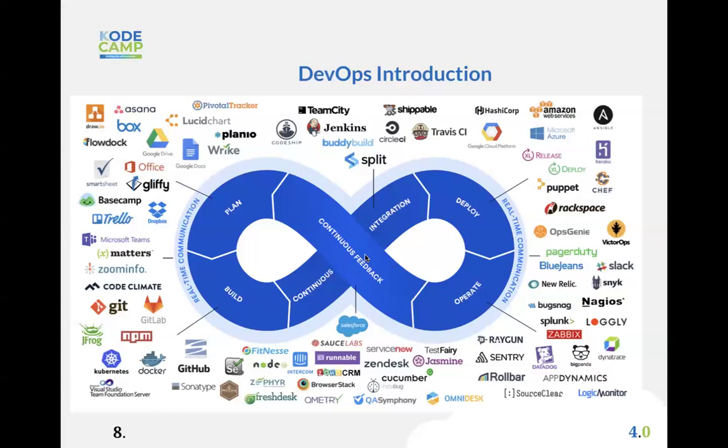So the DevOps culture, the DevOps process includes planning, building, the planning stage, the building stage, continuous integration, deployment, operations, continuous feedback. And this is different from what you see in the waterfall. Whereas the waterfall is one step after the other, you see that we have a loop here where everything is happening at the same time and flowing into each other.